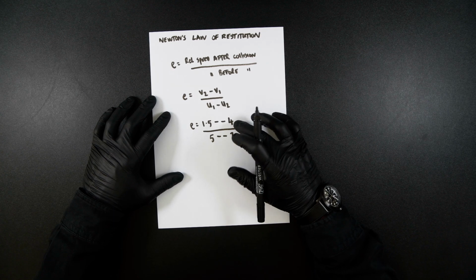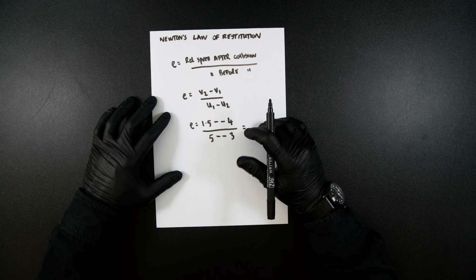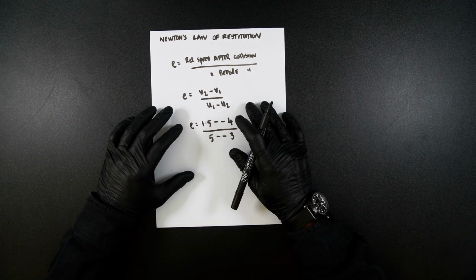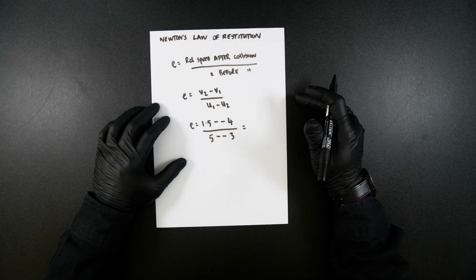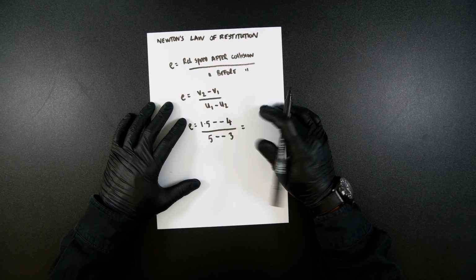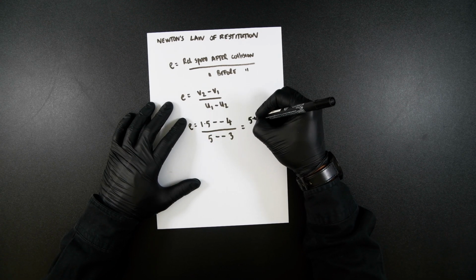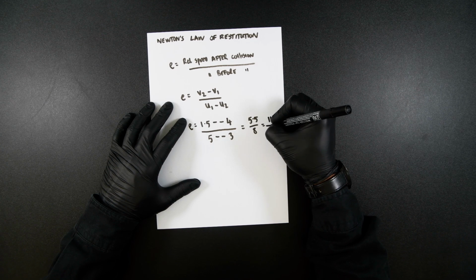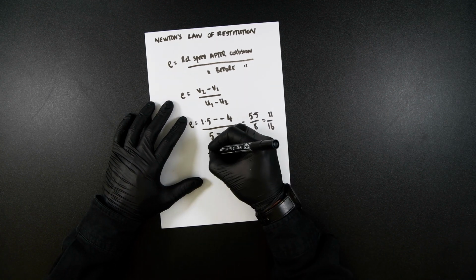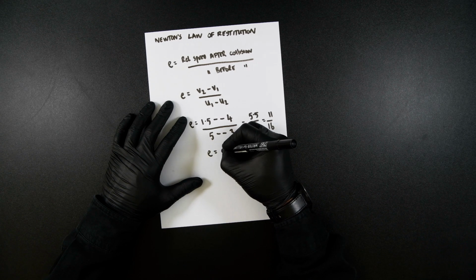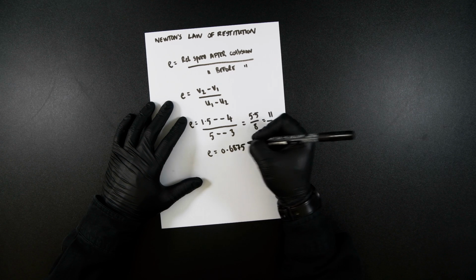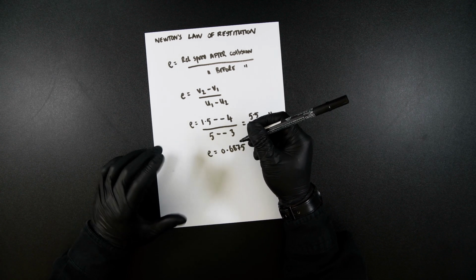I will link that in the description below so you can see the example where we have two particles and they've hit each other, and I've calculated the velocity afterwards. These were the results that came out of it. You're going to now get 5.5 over 8, which is the same as 11 over 16, or E would equal 0.6875.